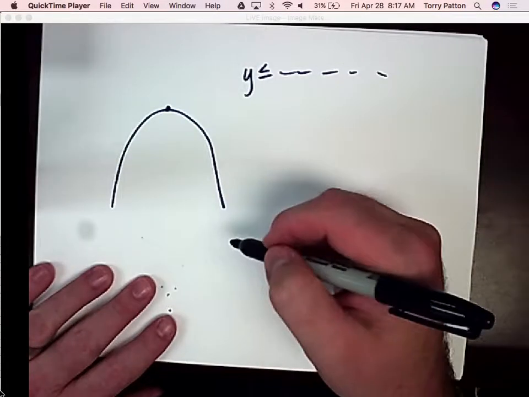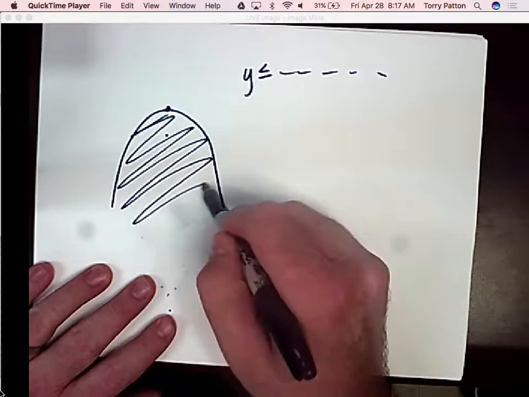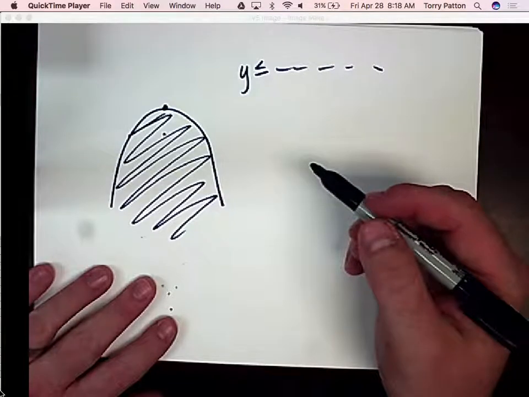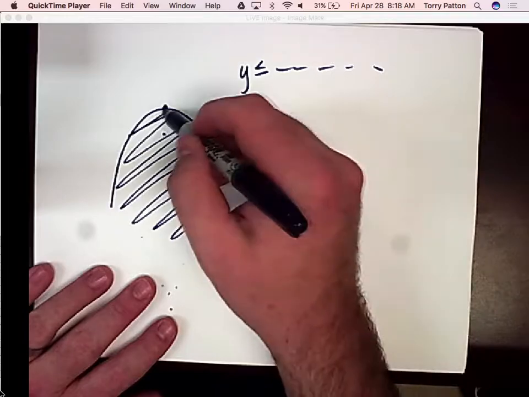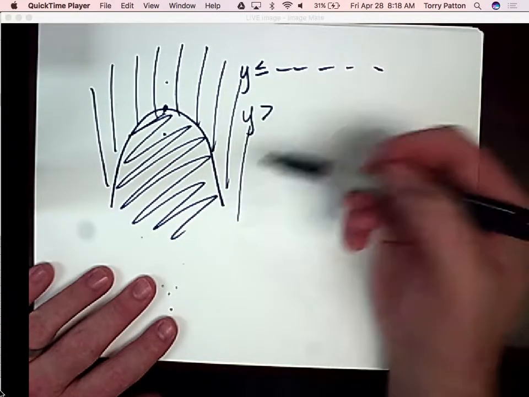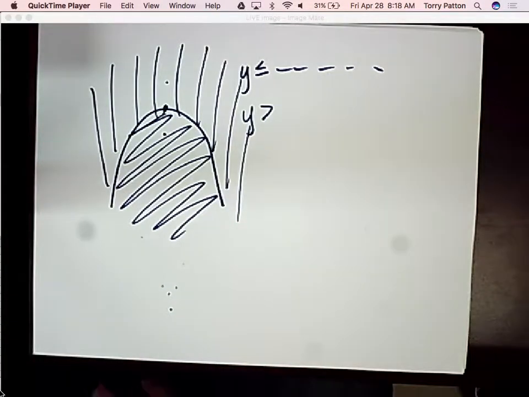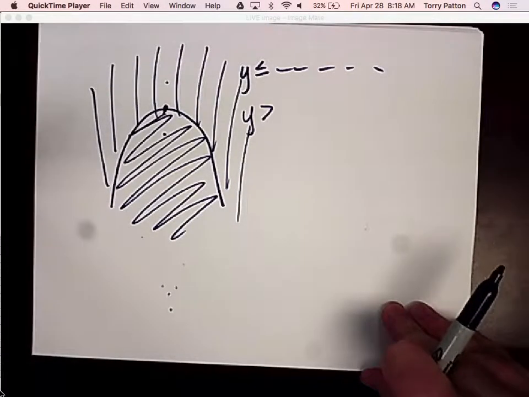Go to the vertex, go down, shade that region. So it'd be inside. Okay? If it were y is greater than, go to the vertex, go up, and shade that region. So that would be outside. So don't remember it as less than is inside. It's just less than, you go down and shade whether that be inside or outside. Greater than, you go up and shade whatever that is, whether it be inside or outside.